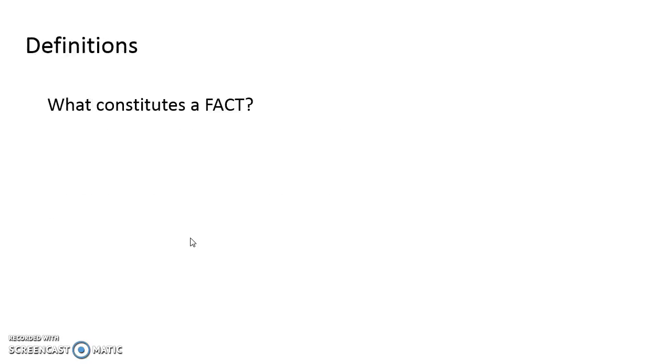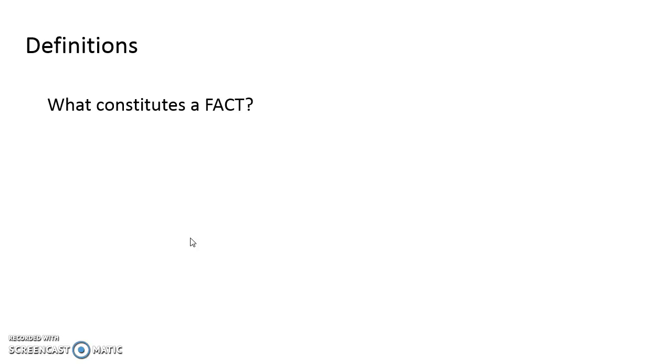What is a fact? What constitutes a fact? Well, the word fact comes from the Latin factum, meaning a deed or something done. So a fact is something known with certainty to exist or have existed. Now, a fact can be verified through experience, through observation, through testing, through measurements, through testimony, and by records.